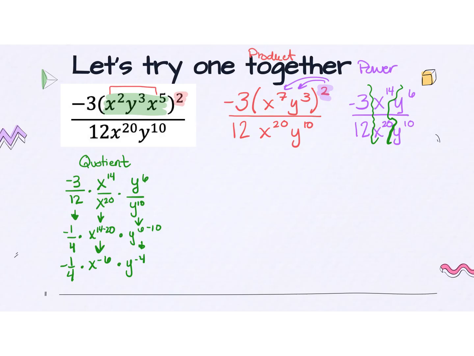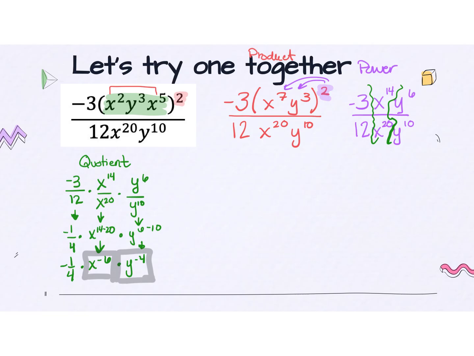So the next thing I'm going to do now is put it all back together. Actually, I'm not. I know that I have negative exponents. I have a negative exponent right here, and I have a negative exponent right here. So I'm going to work on those first. The negative 1/4 doesn't matter.